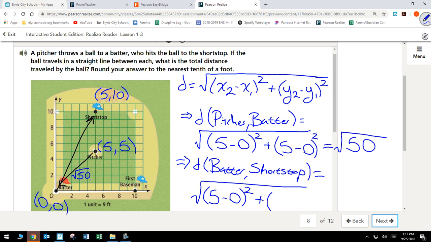And now I have 10 minus 0 squared for the difference of y's. I have to simplify this. It's going to give me 5 minus 0 is 5 squared, 25, plus 10 minus 0 squared is 100. It's the square root of 125.